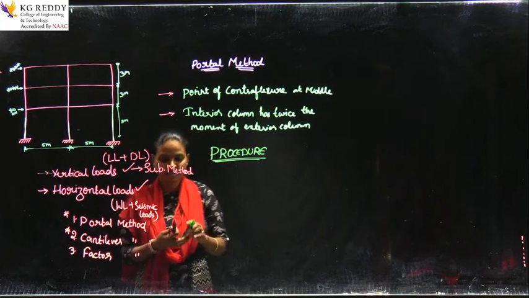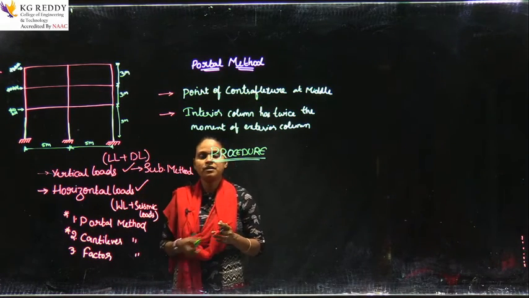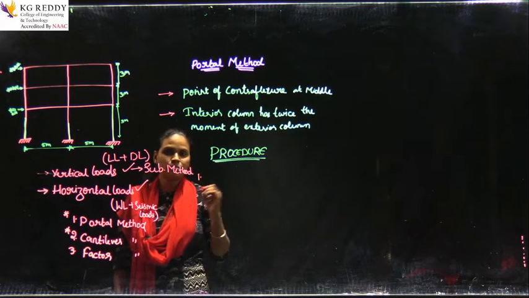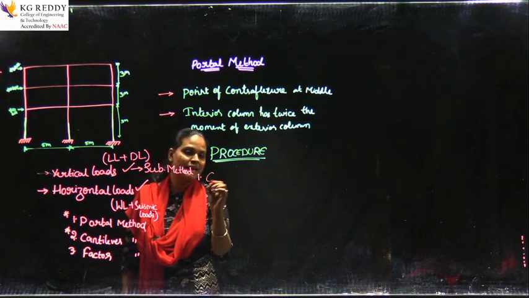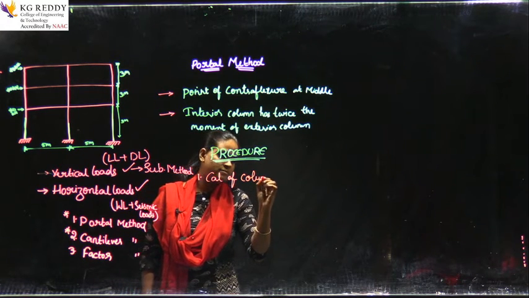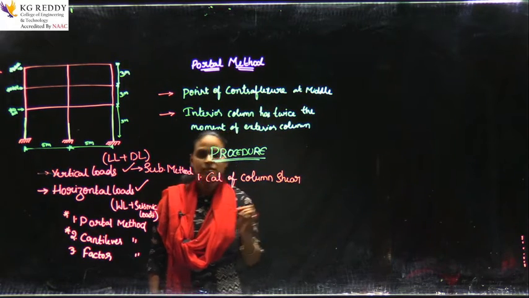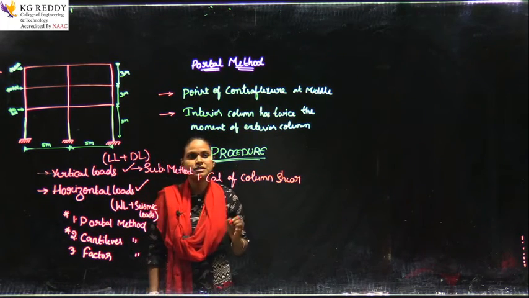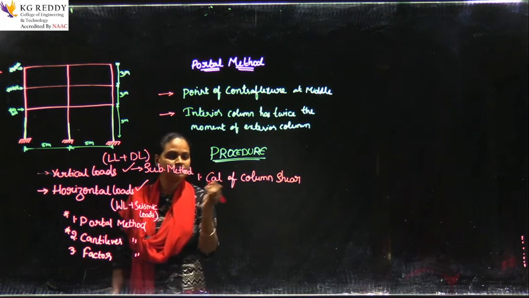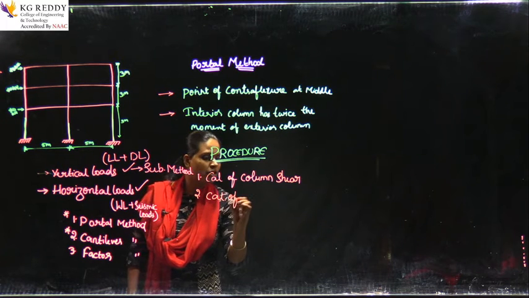When you see the procedure, how to analyze the frame, we have 5 to 6 steps for the analysis in the portal frame. First one is calculation of column shear. This is the first step in the portal method for the analysis of a frame. The second one is calculation of column moment.